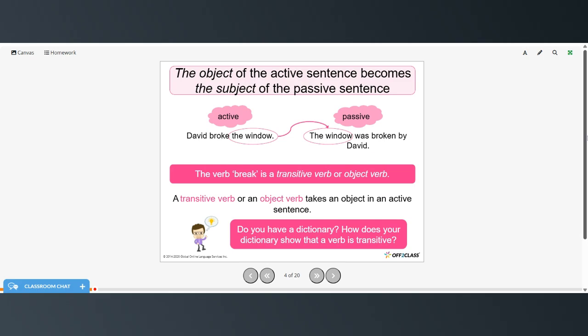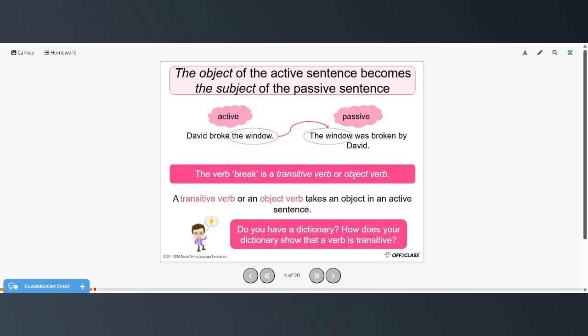So the object of the active sentence becomes the subject of the passive sentence. So David broke the window. Here the window is the object in the active sentence, and then the window was broken by David. The window becomes the subject in the passive sentence. The verb break is a transitive verb or an object verb.